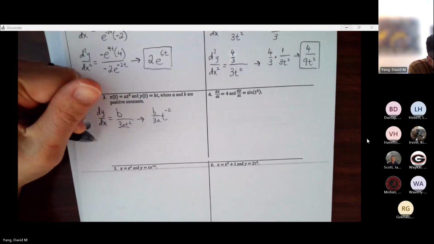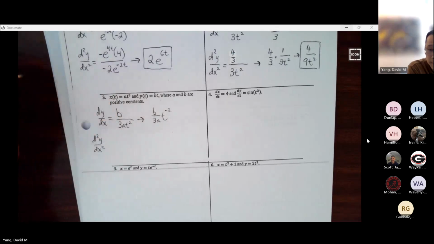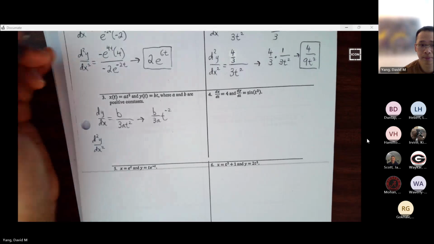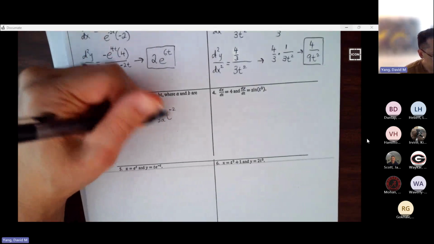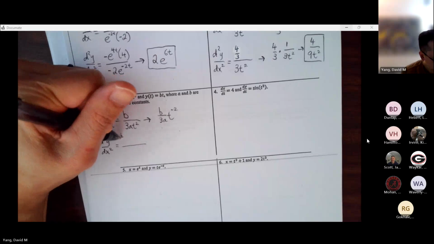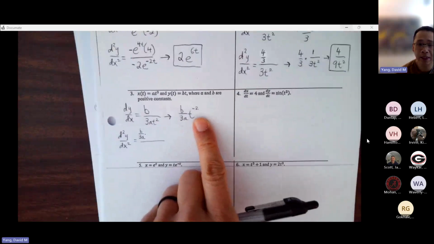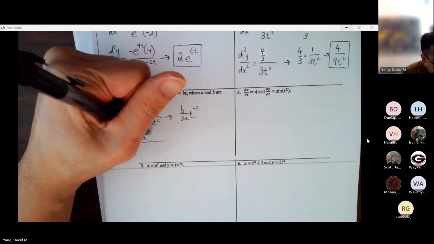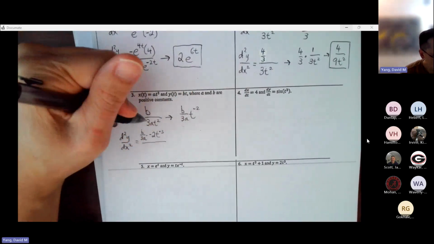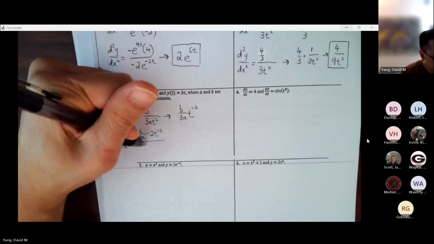Okay. Derivative, coefficient stays. Derivative, negative 2t to the negative 3. All over my x prime.